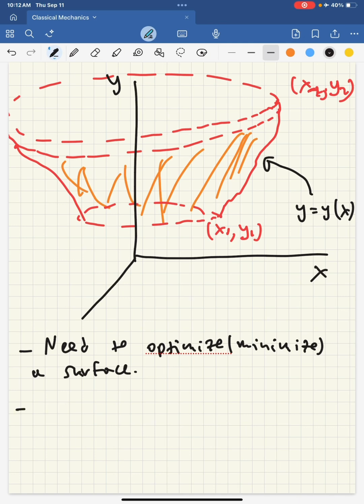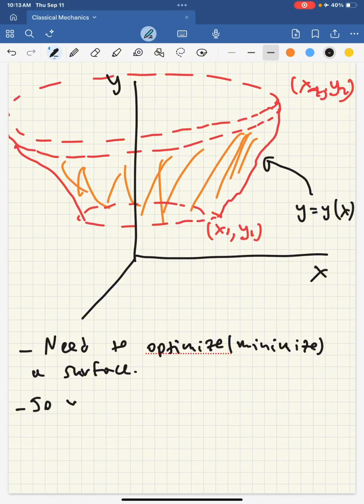And then that integrand under the integral should be expressed as a function of y, its first derivative y prime, and x. Not all of these variables appear in the integrand at all times, and that integrand is called a functional.